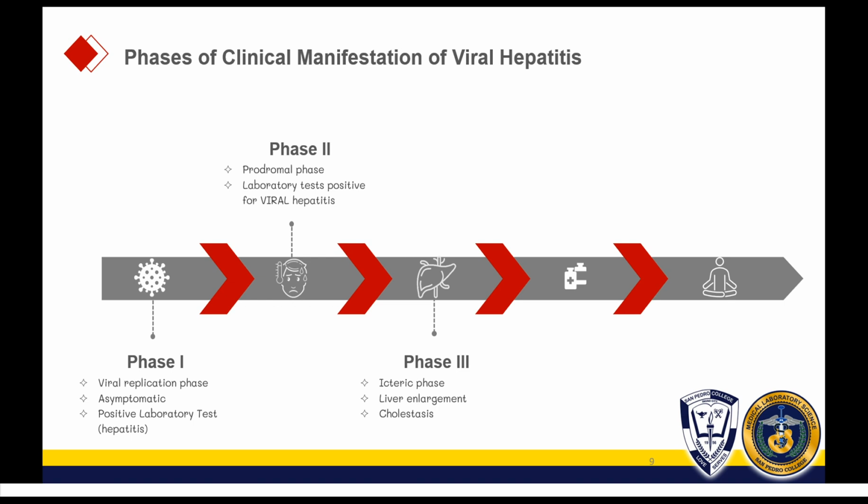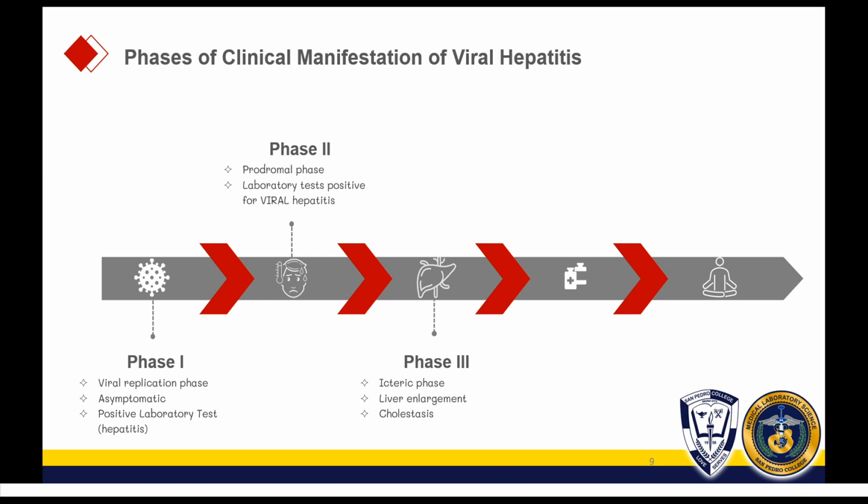And as I have mentioned kanina, when there is cholestasis, there is decreased flow of bile. So the tendency is that bilirubin will escape and will leak out of our liver going to our circulation. And once in the circulation, bilirubin has the tendency to become deposited to our tissues, causing jaundice or yellowing of our tissues.